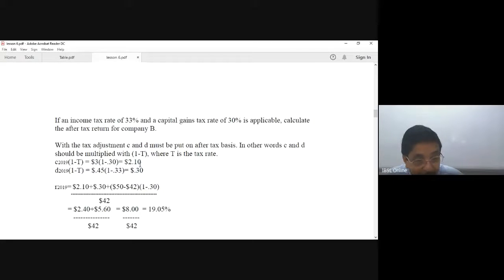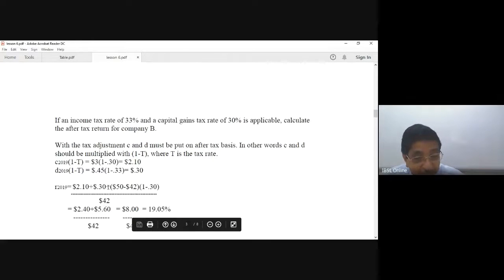So you can have the result here. So then when you calculate the return for 2019, these are the tax adjusted capital gains. These are the tax adjusted dividends. Now 210 is the tax adjusted capital gain. And 30 is the tax adjusted dividend gain. Then there's another thing here. 50 minus 42, the net asset value difference.